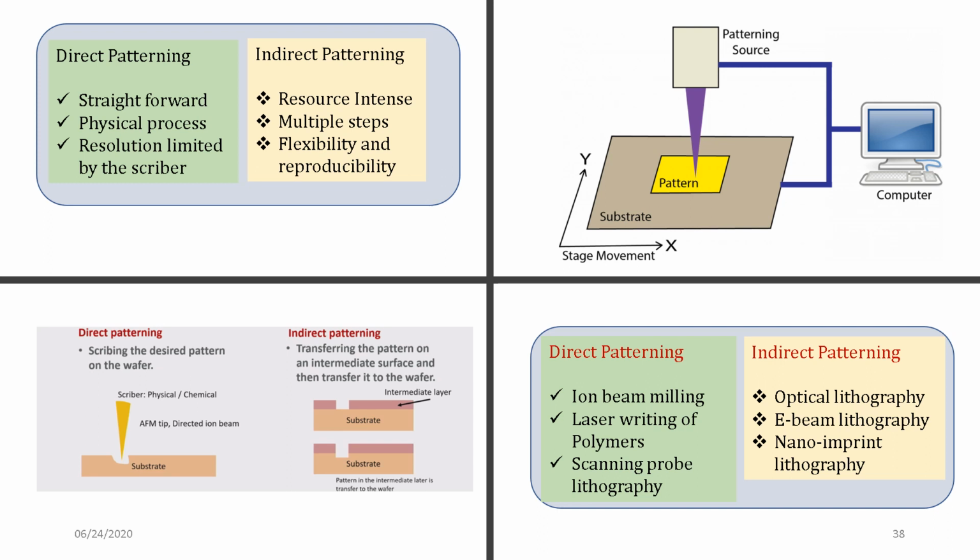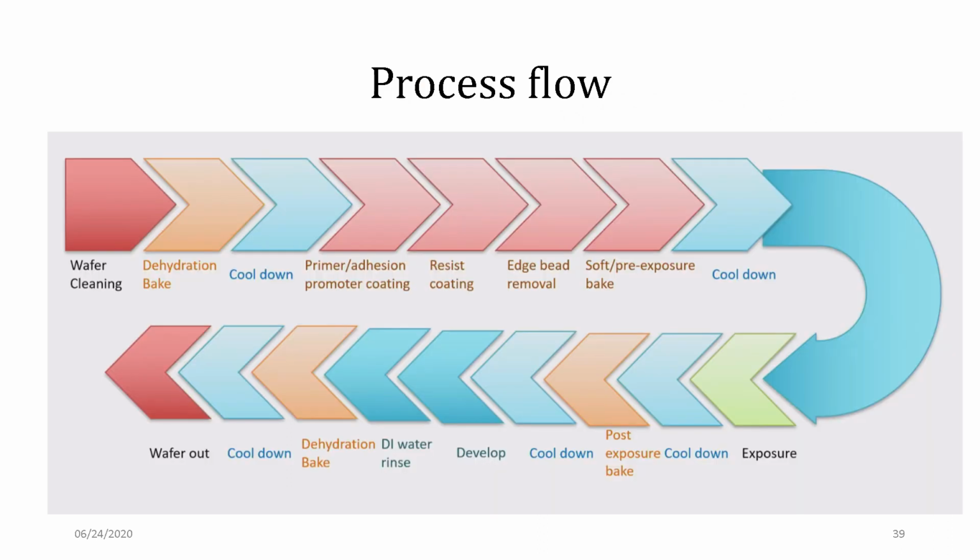Whereas in indirect patterning, you use an intermediate layer like a polymer, and then use another way to pattern it. It's complicated, but it doesn't damage the sample, and it gives very fine features. In direct patterning, we have ion beam milling, laser writing of polymers, and scanning probe lithography, and in indirect patterning, you have optical lithography, e-beam lithography, and nanoimprint lithography.